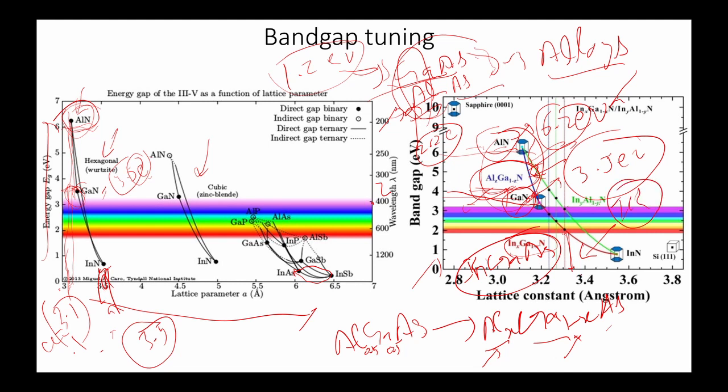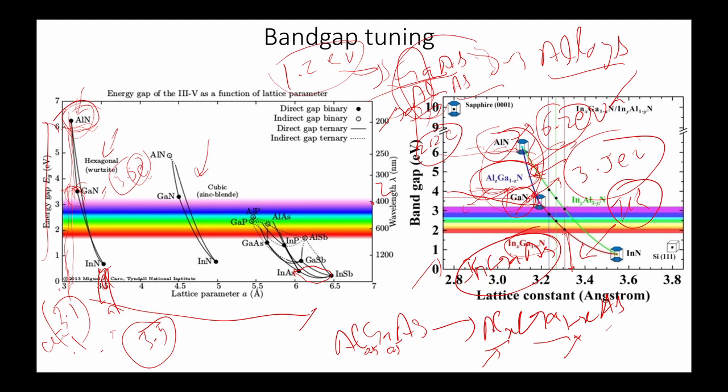They are also used for RF applications, and for optical communication, for fiber optics. These are the semiconductors used for different applications, and only these compound semiconductors can give us that much flexibility of band gap tuning.